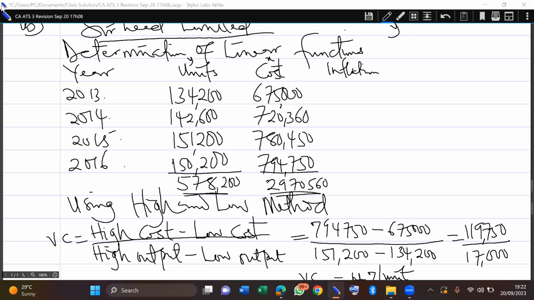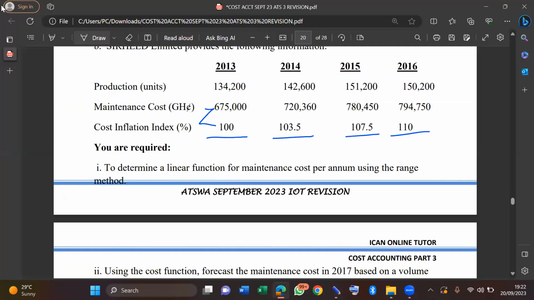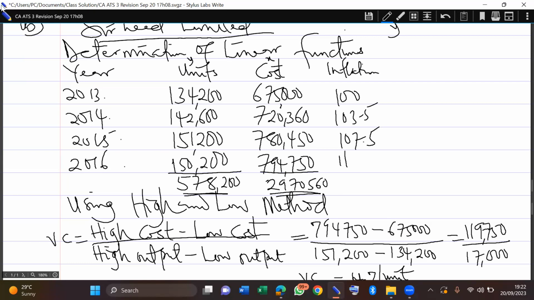Write out the inflation as you are given per year: 100, 103.5, 107.5, then 110. This is your cost. This is not what your X will stand for again.